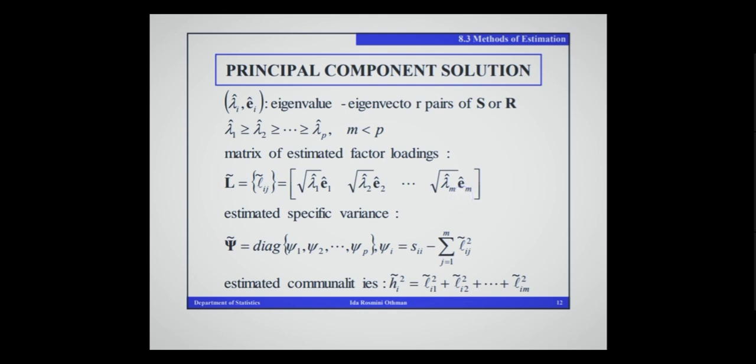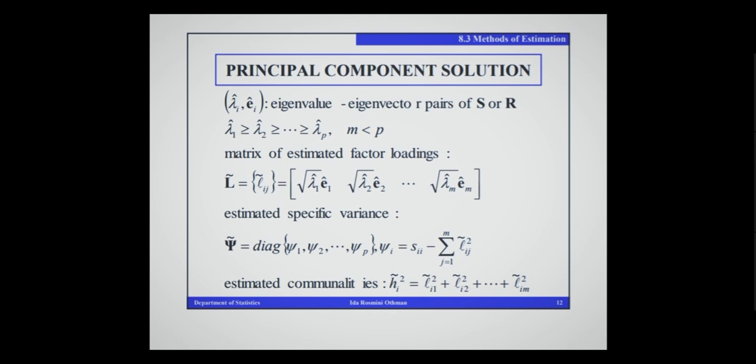Okay, so you akan dapat satu matrix dinamakan factor loading matrix. Okay, we will use all the value of factor loading untuk nak cari specific variance. The formula sebenarnya ianya adalah diagonal of the matrix.